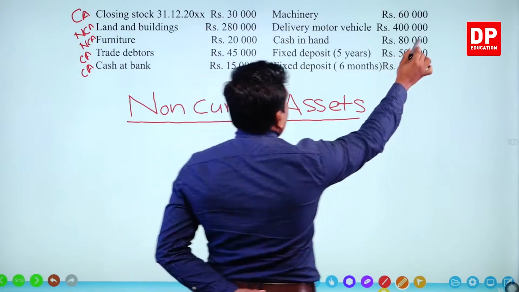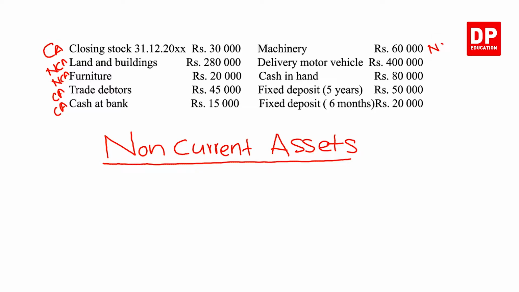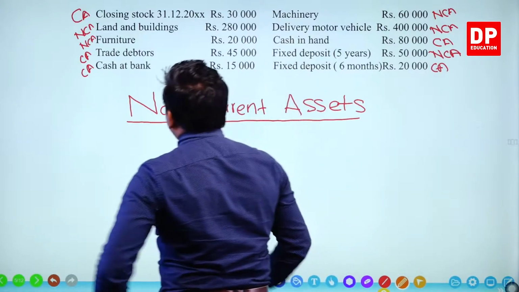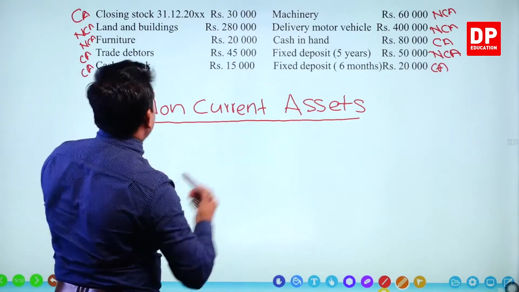Machinery, non-current assets. Delivery motor vehicles, non-current assets. They all are, we use more than 1 year. Cash in hand, current assets. Fixed deposits, 5 years, non-current assets. But 6 months fixed deposits, current assets. Okay. Now, one by one we write and we put the values separately.